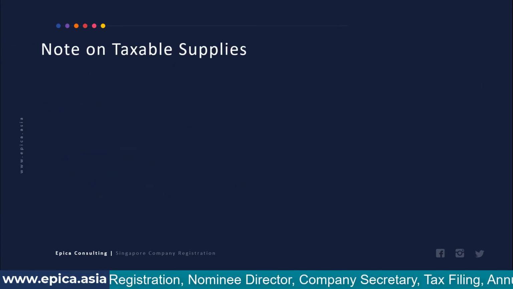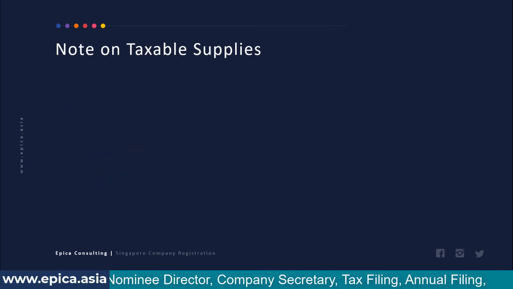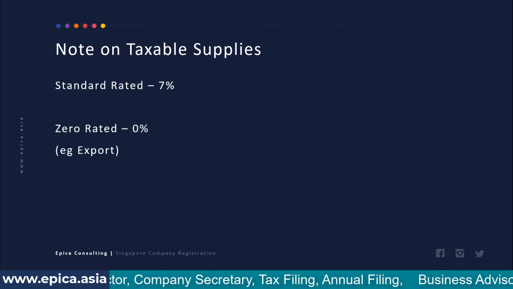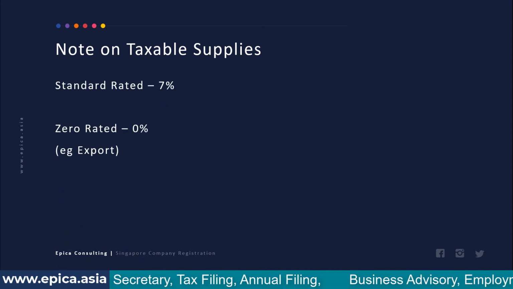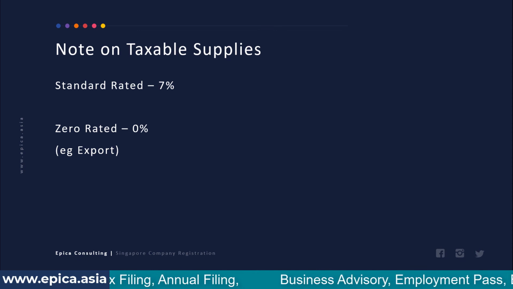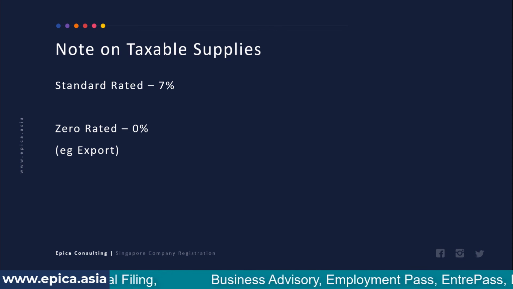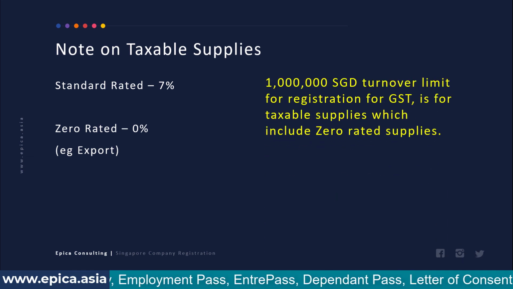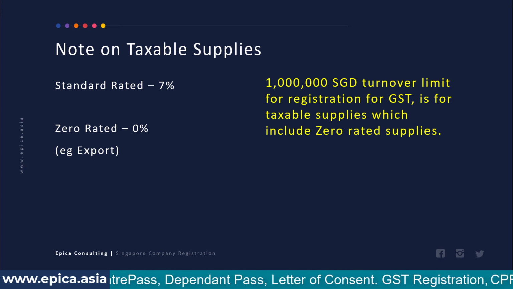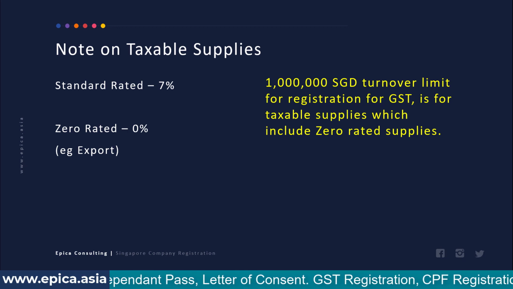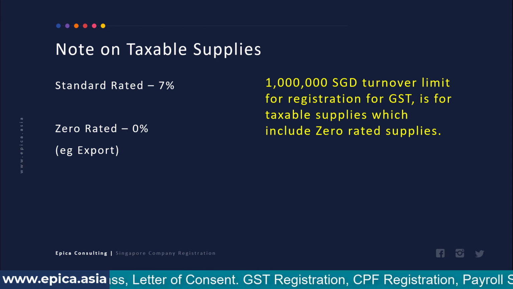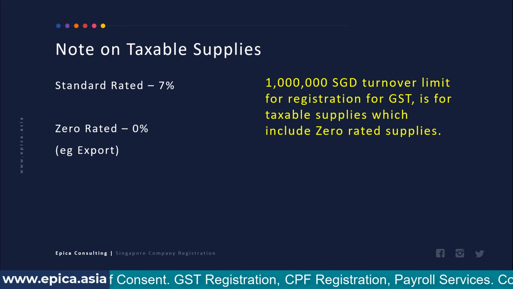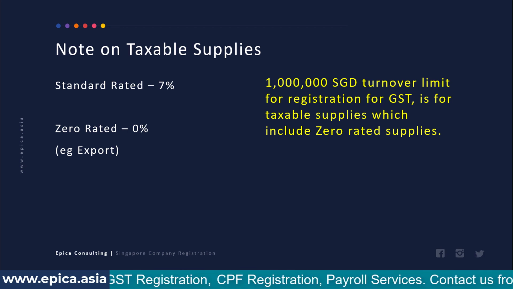Now moving on to the next slide, there is one more note you need to make about taxable supplies. We have talked about standard rated and zero rated supplies. If you are doing both these transactions in your company, you know that $1 million turnover is the limit for registration of GST. That means if your company crosses this limit, then you are subject to GST, and the amount considered for this is taxable supplies, which includes standard rated as well as zero rated.